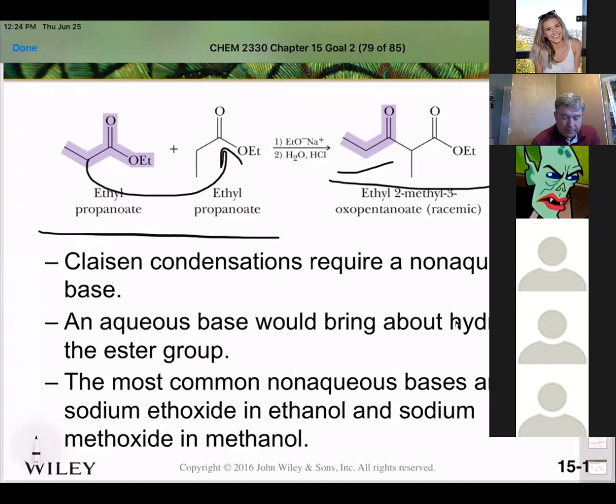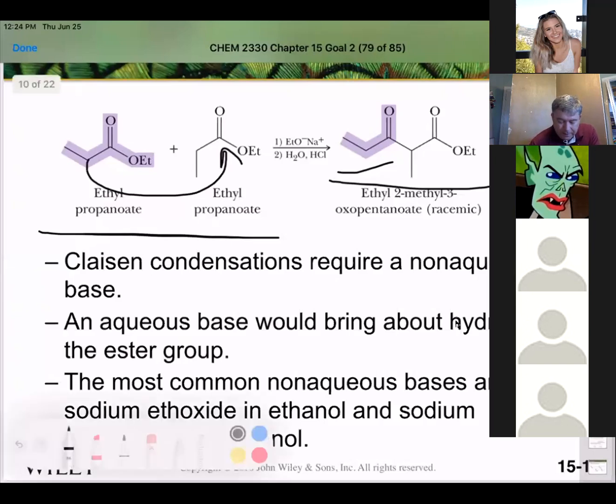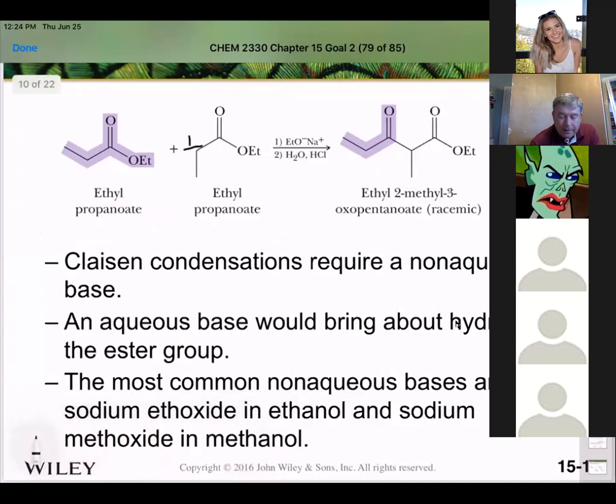Actually, that's not the way it happened. Sorry. We made our anion here, and then it attacked there, giving us our product right here. So that's the regular Claisen, but when we have an ester that doesn't have acidic protons here, we call that the cross Claisen.